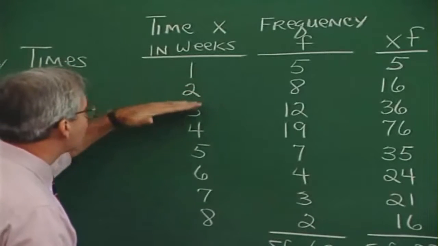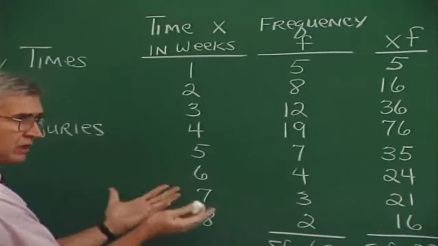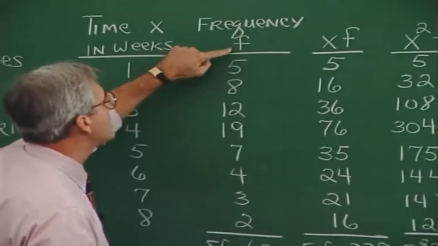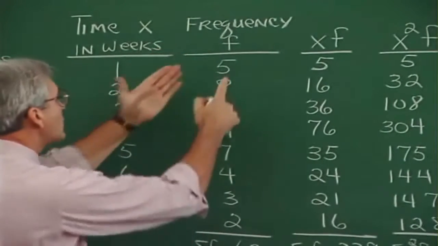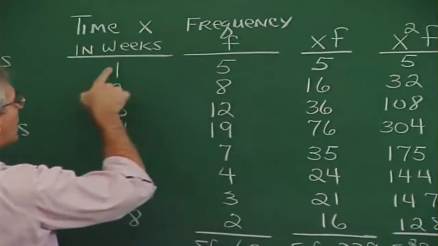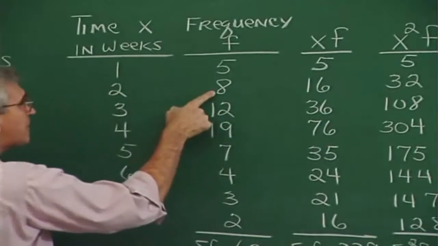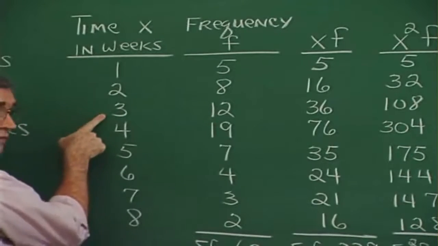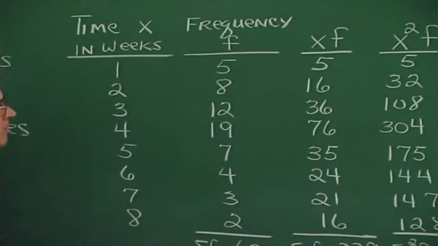So these are the time in weeks it takes to recover from shoulder injuries. And this frequency column is the number of patients associated with this recovery time. So 5 patients required 1 week to recover. 8 patients required 2 weeks to recover. 12 patients required 3 weeks to recover, and so on.